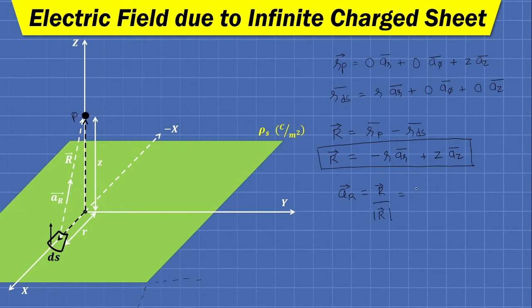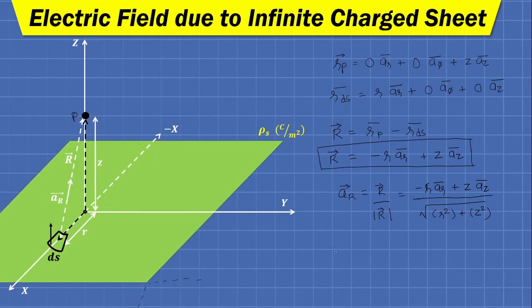Doing so, we will have minus r ar bar plus z az bar divided by the magnitude of the same. Now the magnitude of this distance vector is nothing but under root r square plus z square. So we have determined the direction also.